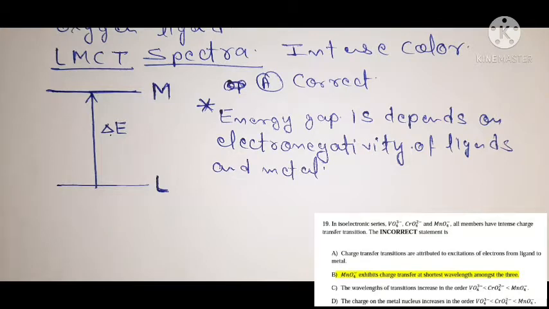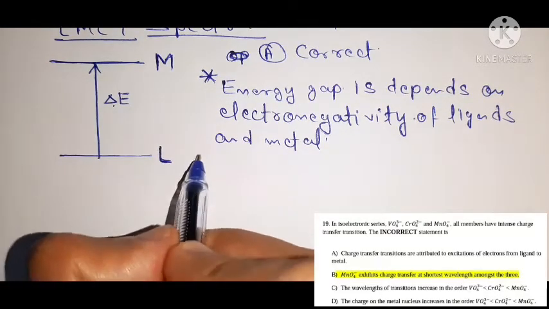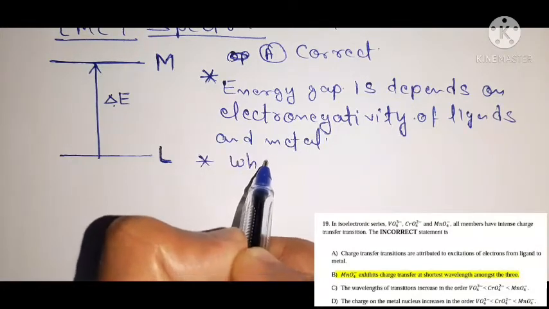Now how can we relate the electronegativity with oxidation state? See, when the oxidation state of the metal increases, its electronegativity will also increase. Remember, this is another important concept.